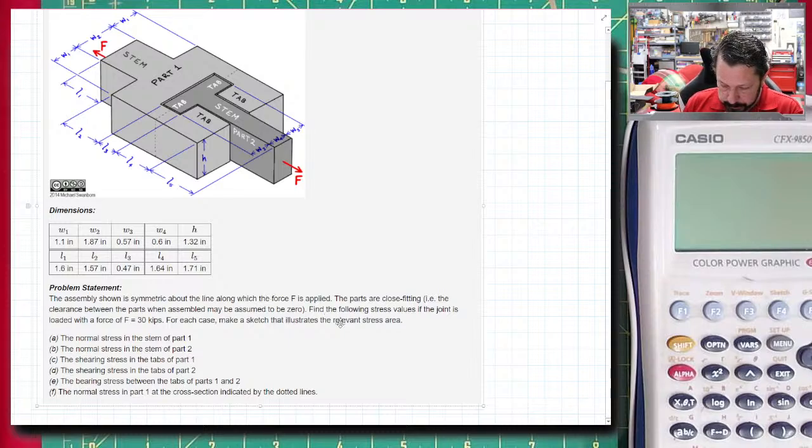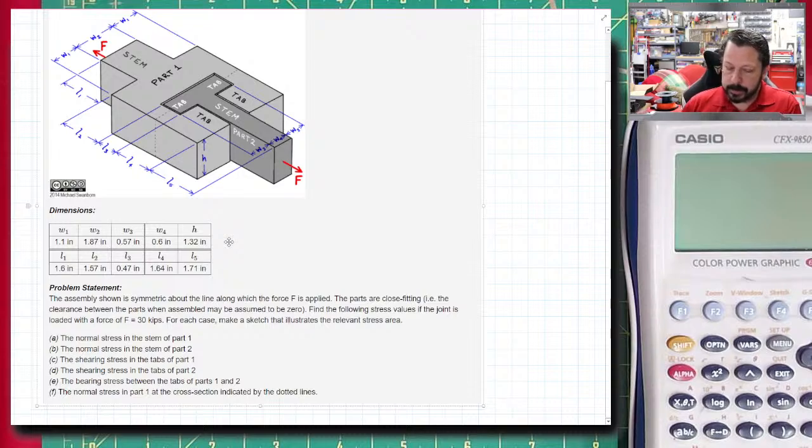Find the following stress values if the joint is loaded with 30 kips. So if you have 30 kips here, and the reaction 30 kips over here to keep it from translating around. For each case, make a sketch that illustrates the stress area. Okay. Normal stress in the stem. The stem is even labeled stem, stem of part 1 and part 2.